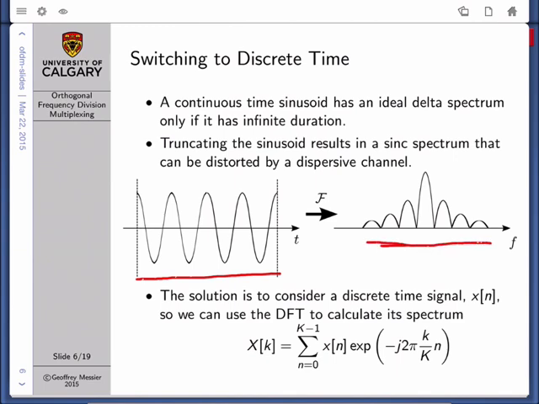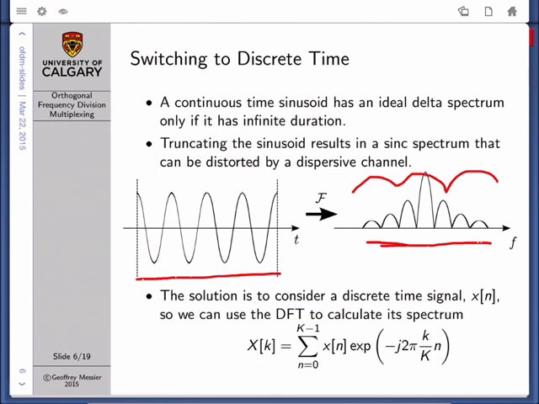Now, the reason why this is a problem is because in order for the sinusoid to be robust against a dispersive channel in the frequency domain, it has to have zero width. And as soon as it has non-zero width, then when we multiply this sinc spectrum by the dispersive channel, which has these nulls, it's going to change the shape of our transmitted signal and result in distortion.